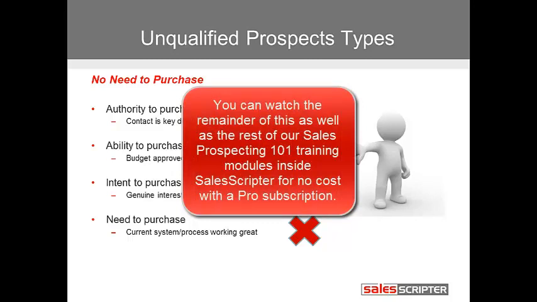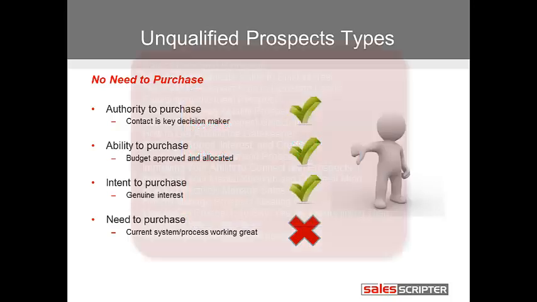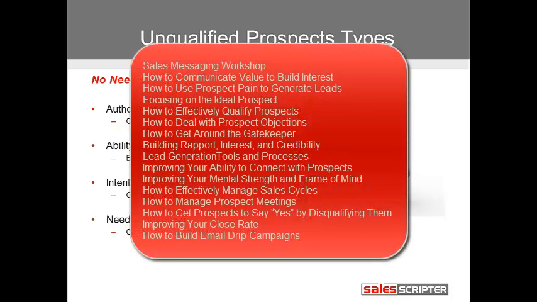But in this example, the current system that they have is working okay, or working pretty good, meaning there's no pain. Let's say you sell some sort of software application, and the one that they have was built in-house, and it's working. It doesn't break. It provides some decent functionality.